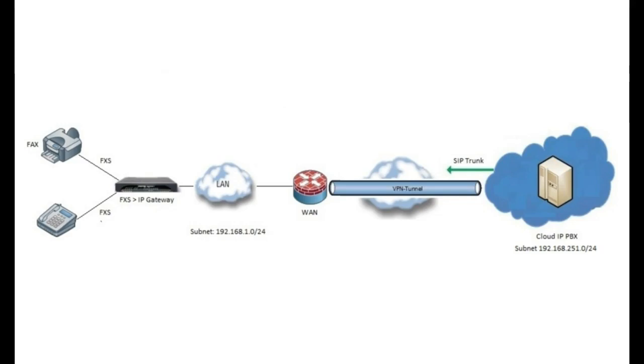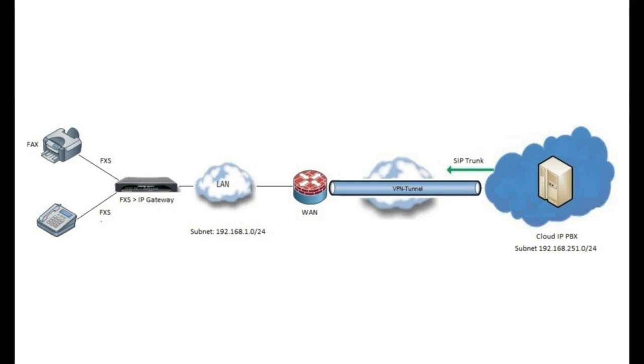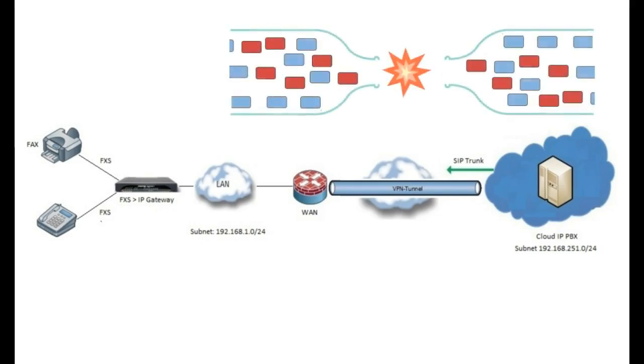VPNs can present some issues in environments where bandwidth is limited or we have high call volumes. Some issues include VPNs encrypt packets, which can increase the bandwidth requirements when running IP telephony over an IPsec VPN. The links at either ends of the VPN tunnel can also cause what is known as a bottleneck.